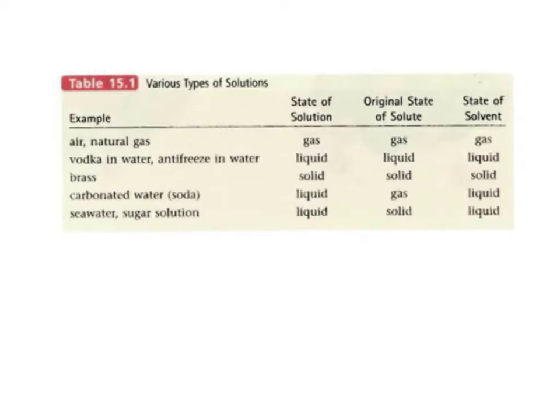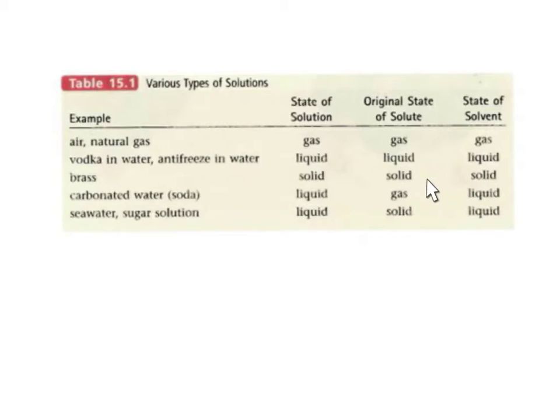As mentioned earlier, a solution does not have to be a solid dissolved in water. We have many different examples here. So air, natural gas, it's a gas solution with a gas dissolved in a gas. We can have a liquid dissolved in a liquid, as I said, vodka and water. We can have a metal, brass, so two solids dissolved in each other.